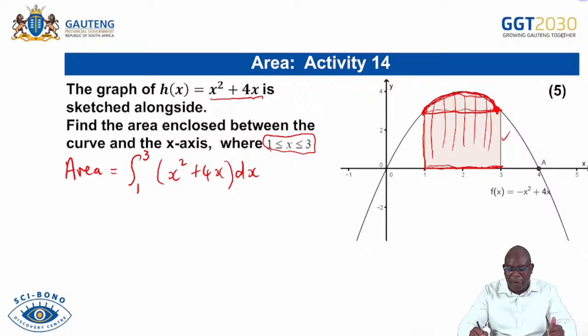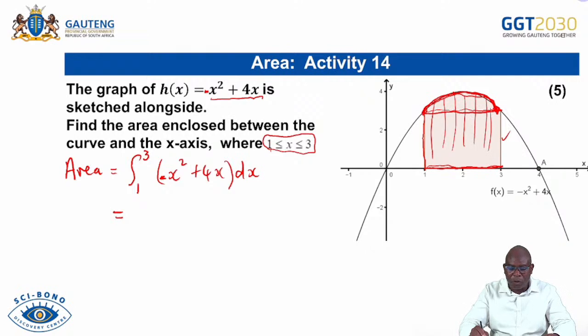Sorry, there's a minus on this function. So therefore we have a minus because it's a graph that is facing downwards. So there must be a negative there.